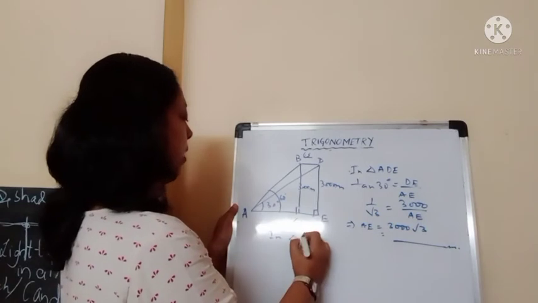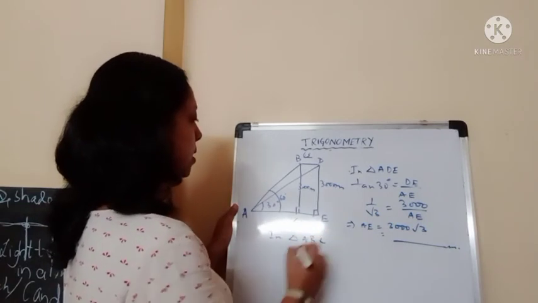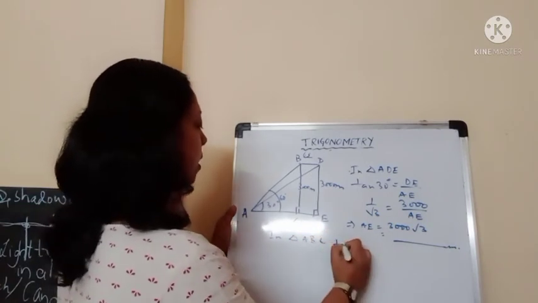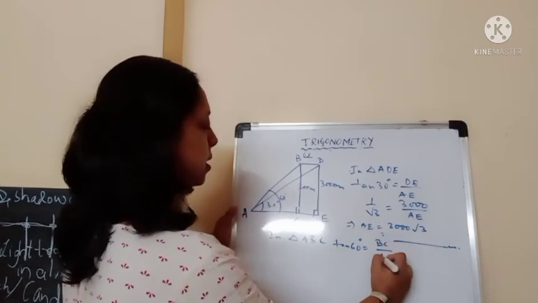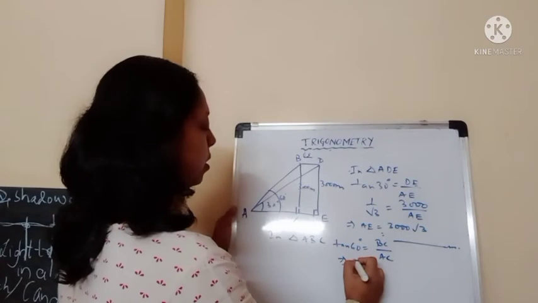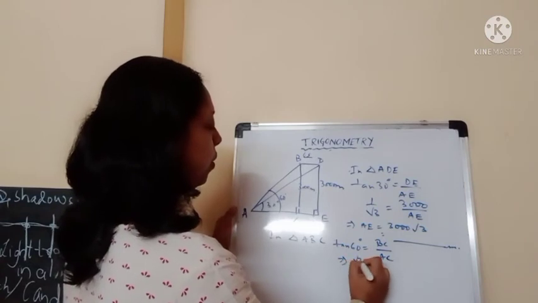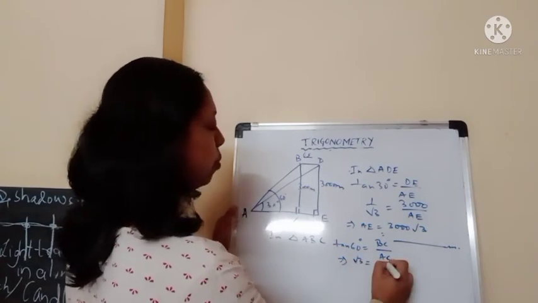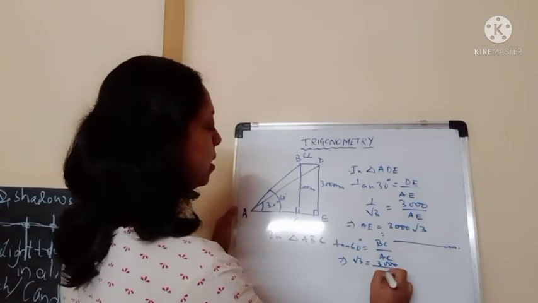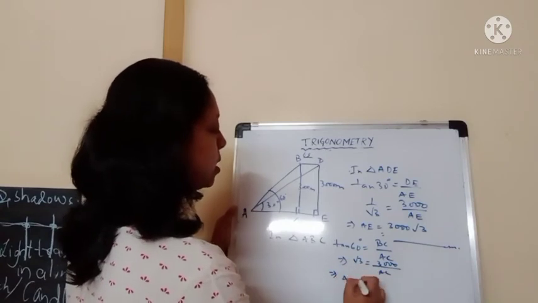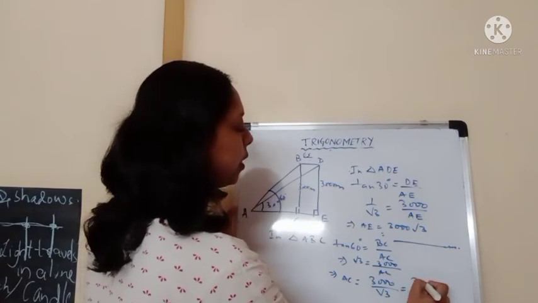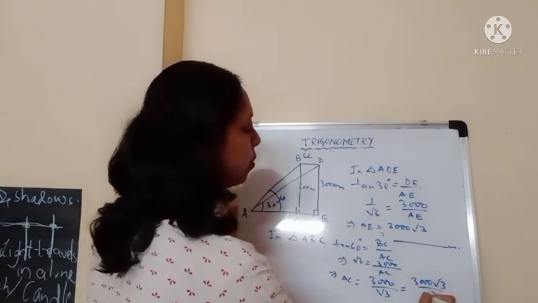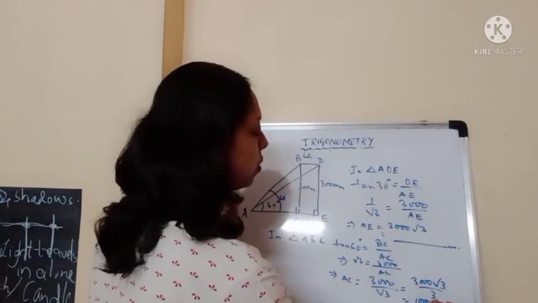So in triangle ABC, tan 60 degree is equal to BC upon AC. This is √3, BC is 3000 and this is AC. So AC is coming out to be 3000 upon √3, or we can write it as √3 upon 3, that is 1000 √3.